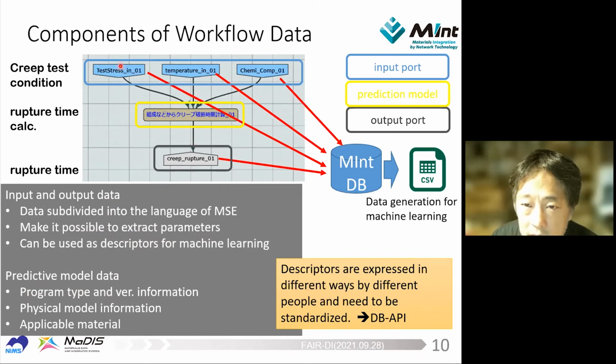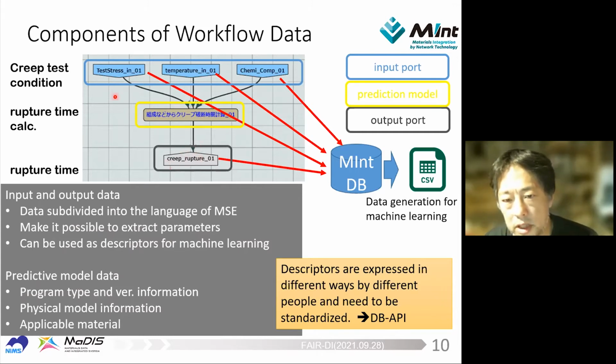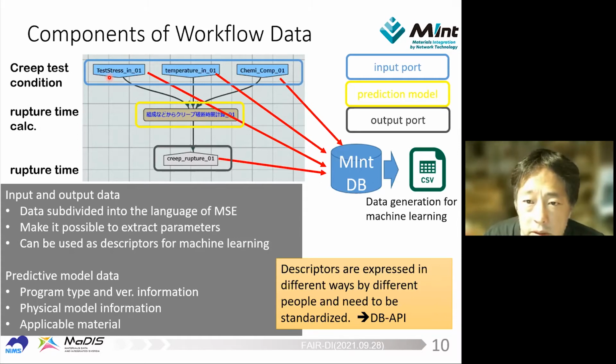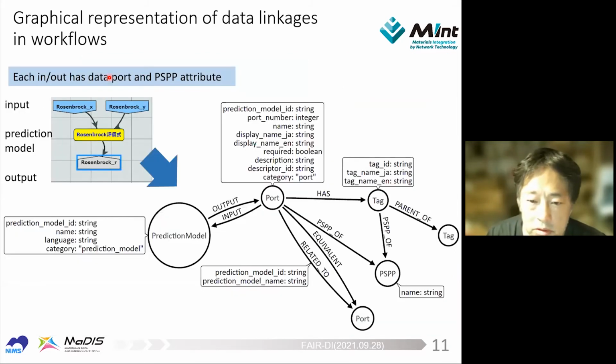For example, how to express test stress, tensile stress, or applied stress is different by person. So we don't unify the expression of the input and output ports. Instead, we absorb the difference by making database APIs, which I'd like to talk about later.